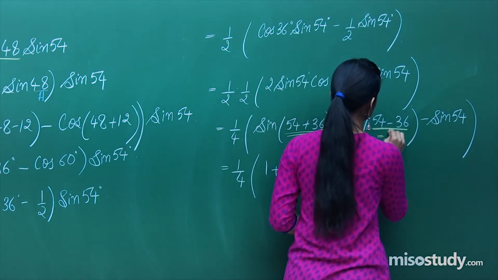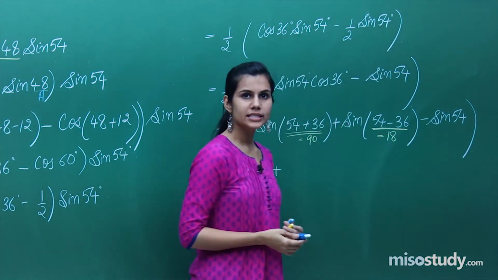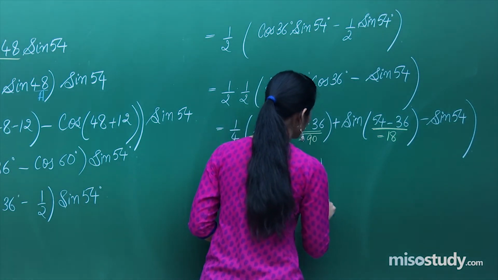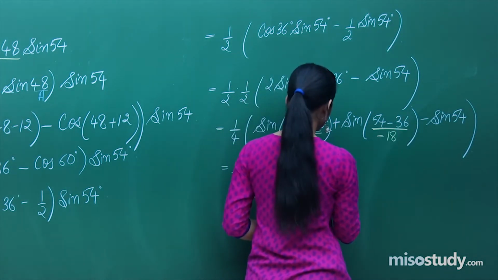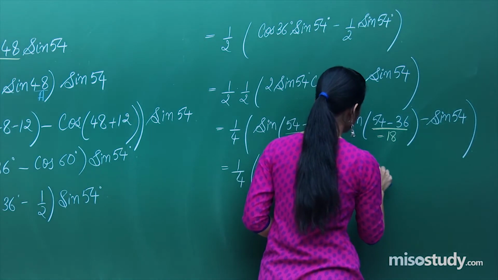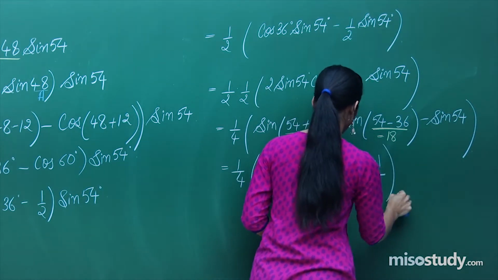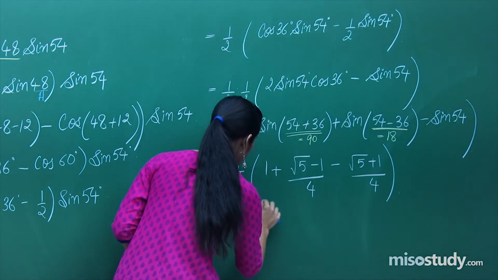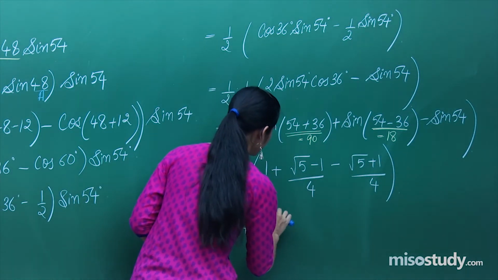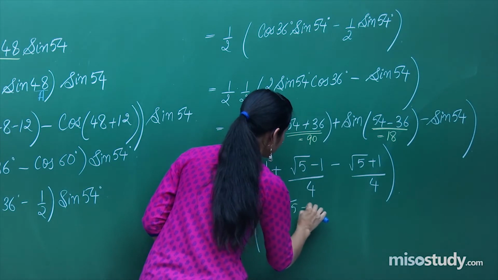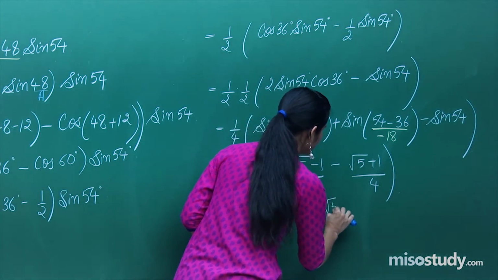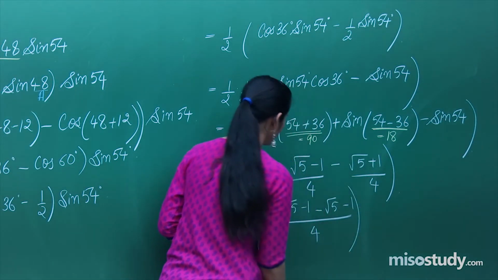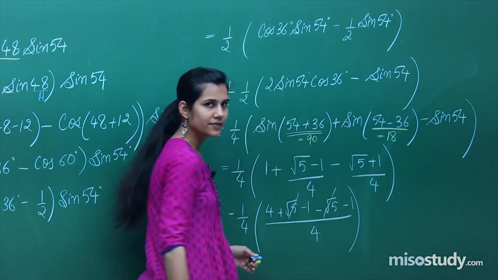What is this? 18. I know what is sine 18? Root 5 minus 1 by 4. And what is sine 54? Root 5 plus 1 by 4. What you get? 4 is the LCM, so 4 plus root 5 minus 1 minus root 5 minus 1 whole upon 4 plus root 5 minus root 5 gets cancelled.